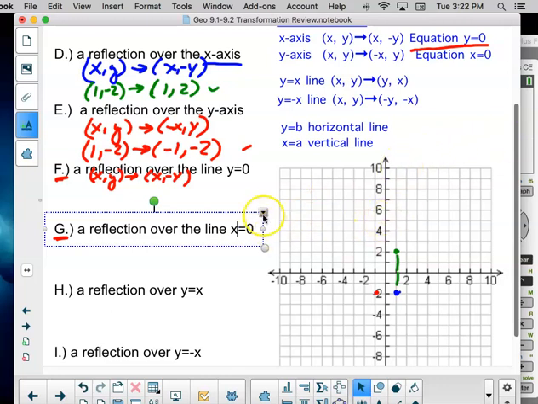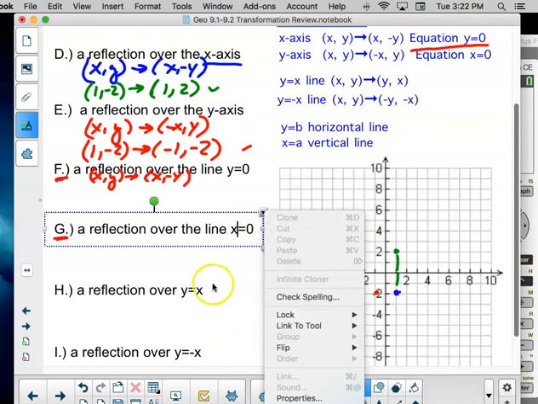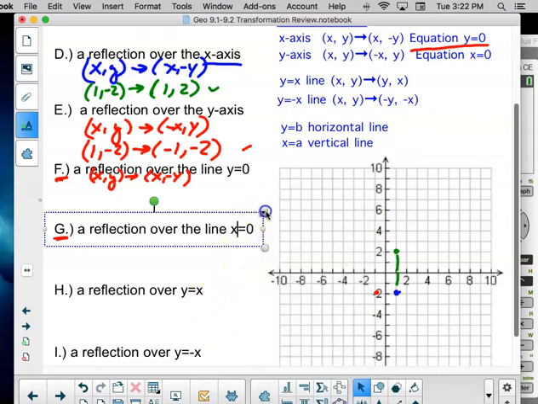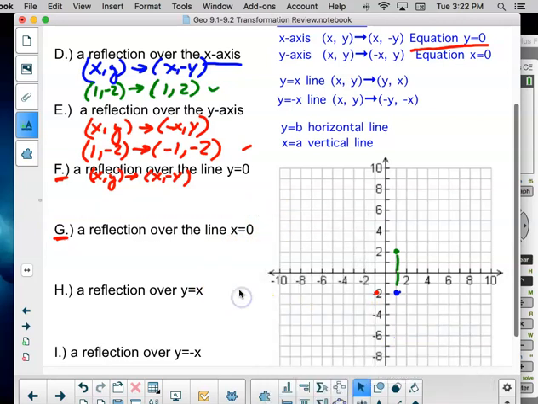Okay, so now we're going to lock that and get this show on the road. Okay, so let's see what that looks like. So we get this going. We got x equals 0, and that is the y-axis equation.